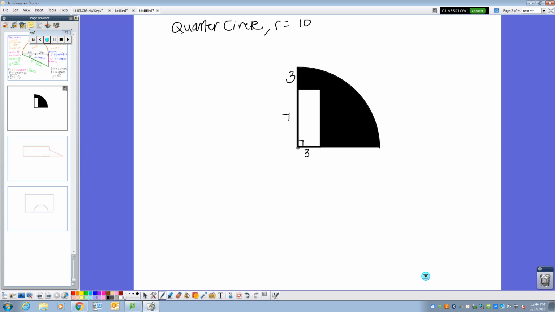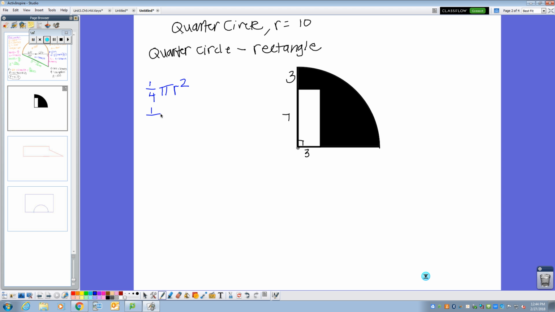And if we have to get the area of that shape, it's going to be the quarter circle minus the rectangle. So first I have to get the area of the quarter circle. So my quarter circle is going to be 1/4 of pi r squared.